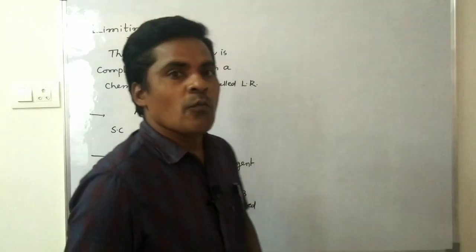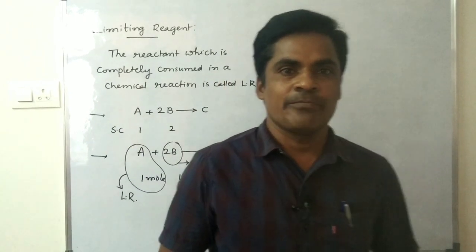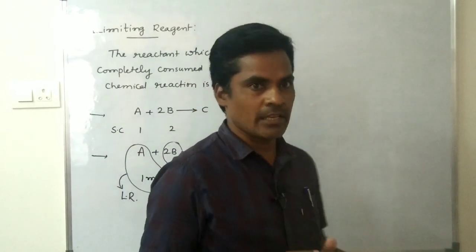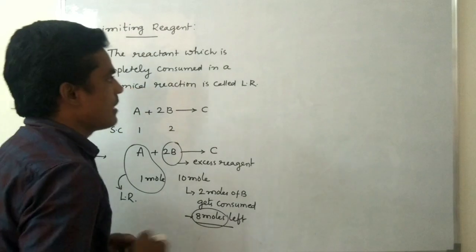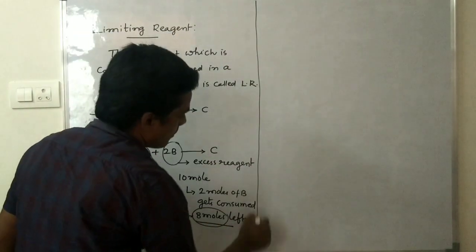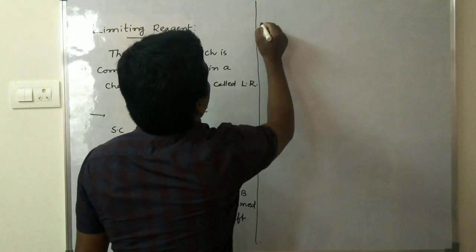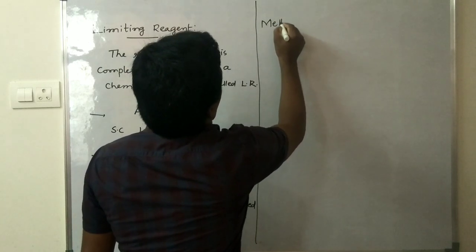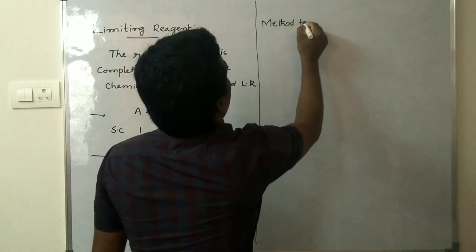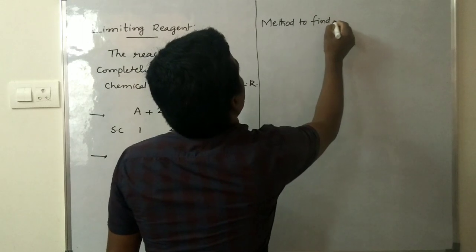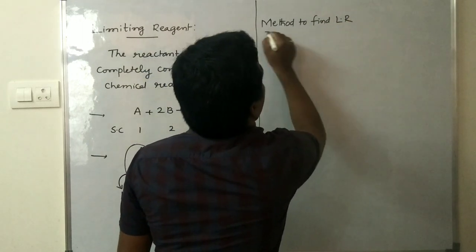Now, how to find the limiting reagent in a given chemical reaction? Let me explain the method to find the limiting reagent.